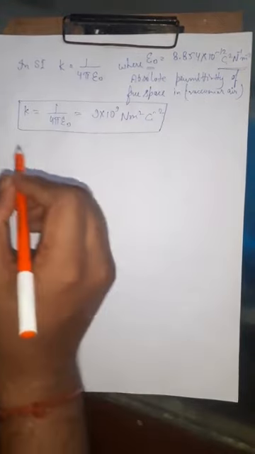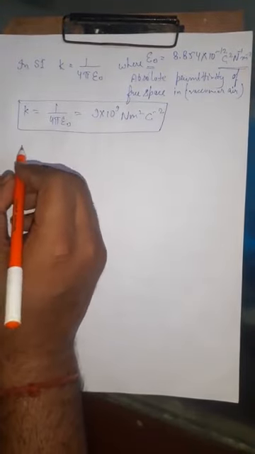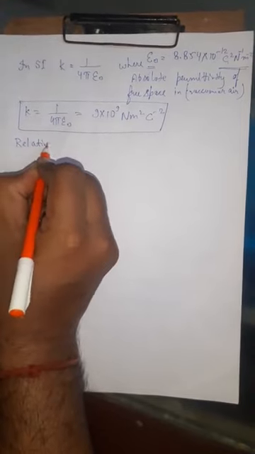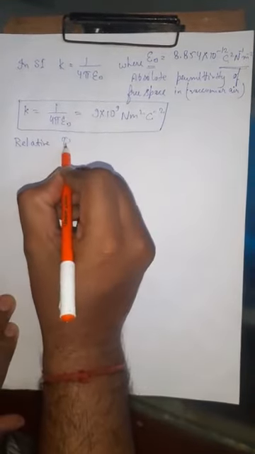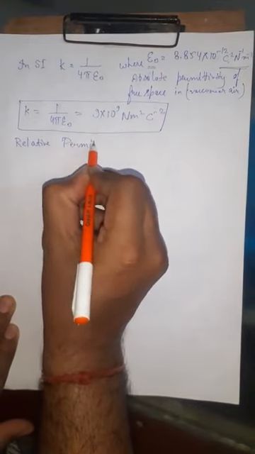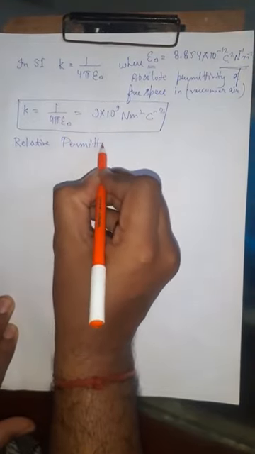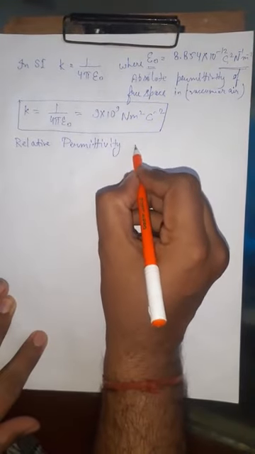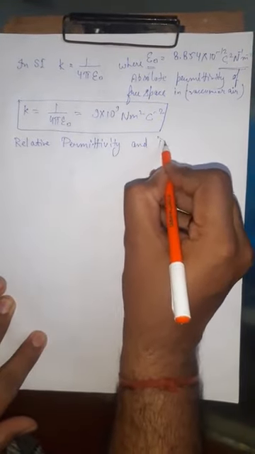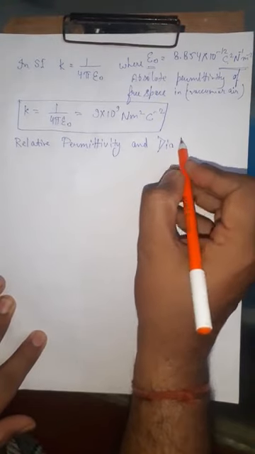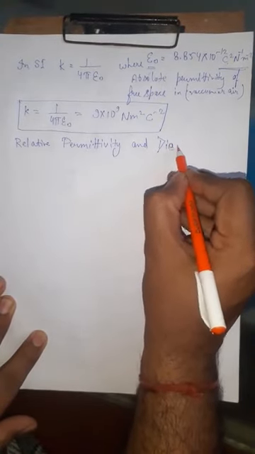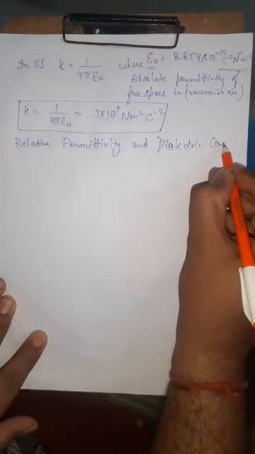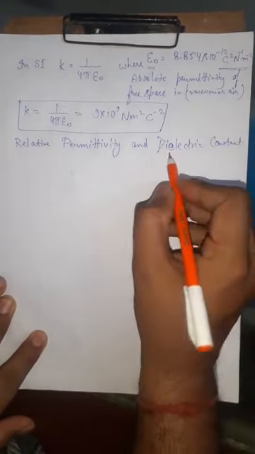So another term gets introduced, that is relative permittivity, also known as the dielectric constant of a medium.